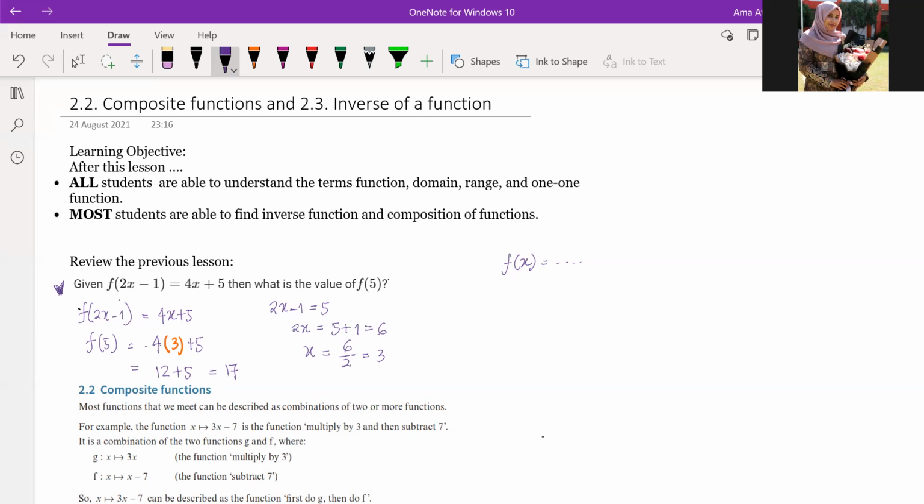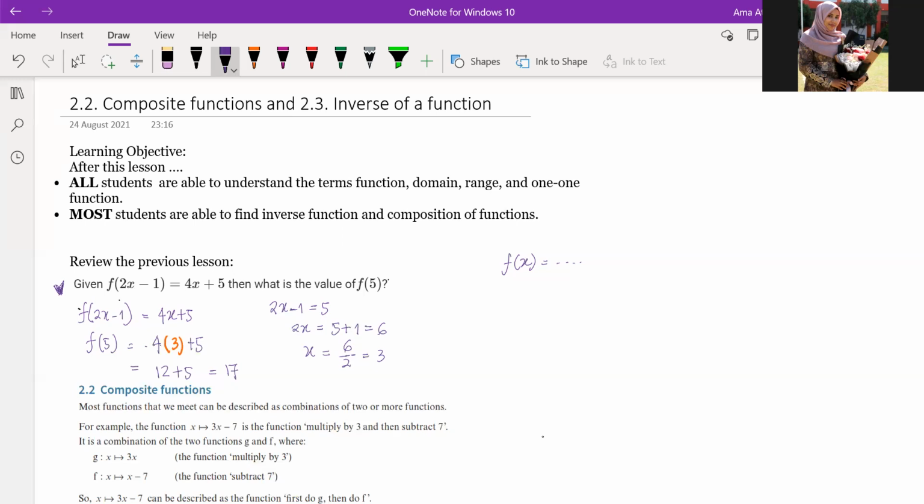So this is about the functions. We are changing the terms of functions. So if we are given the function of 2x minus 1, and we are going to find f of 5, then we need to find the value of x that satisfies 2x minus 1 equals 5.